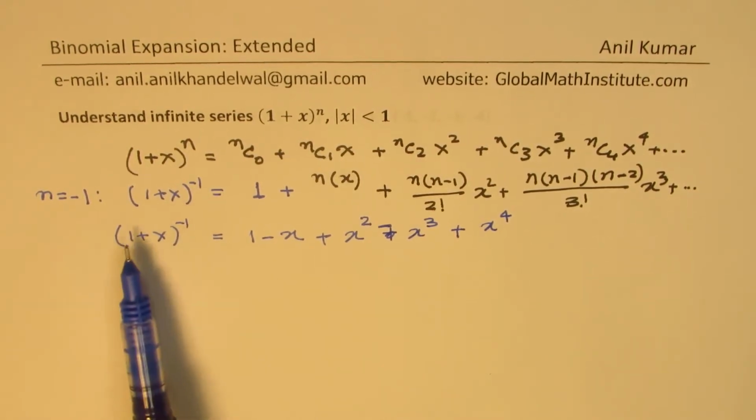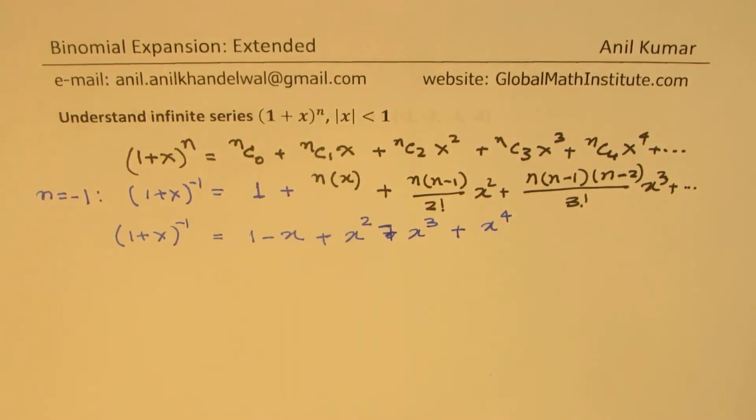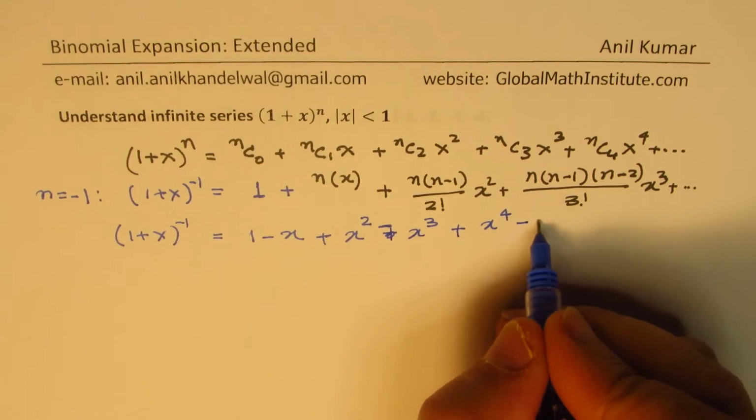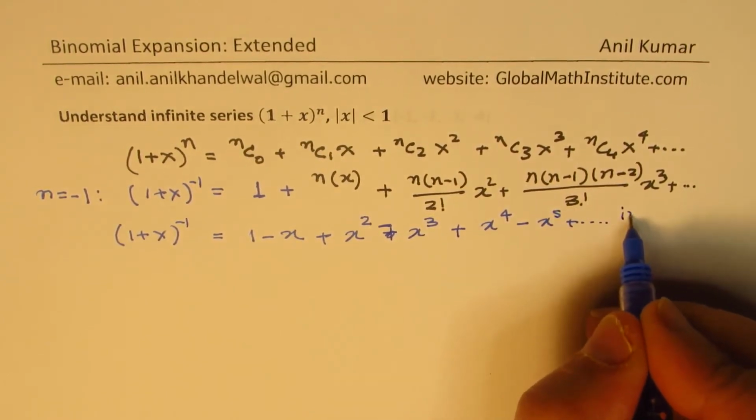So when you have n as minus 1 in the exponent, you get that kind of a series. However, this series is not terminating. So this series will always be going on. So what we see here is an infinite series.